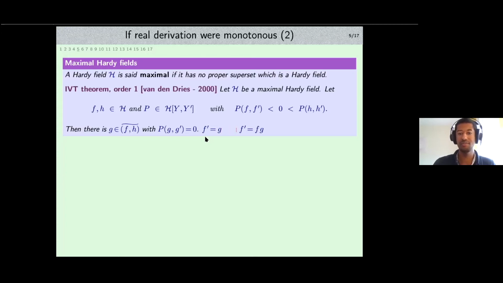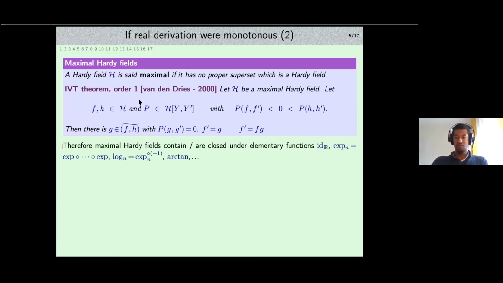So you have primitives, and you have exponential primitives. You can show that this implies that maximal Hardy fields are closed, and so they contain the identity germ, so the identity function, the exponential function, the logarithm, and the iterates, and some other elementary functions such as the arctan function. And they're actually closed under composition with those functions because of the Van den Dries theorem.